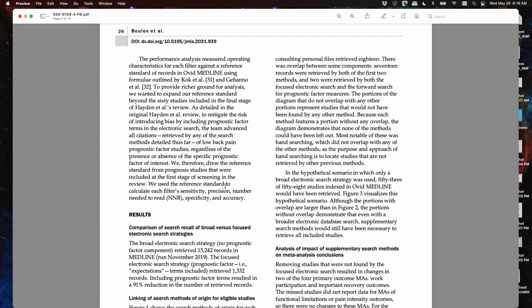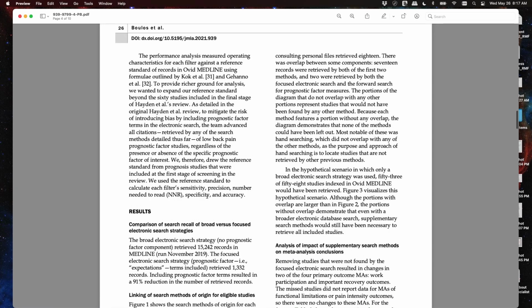So they didn't use the final set of included reviews, but a broader search set, which I interpreted as the set that the researchers screened originally. So probably those records that were included in the review after title abstract screening. That's the way I interpreted it, but I'm happy to discuss this later on.